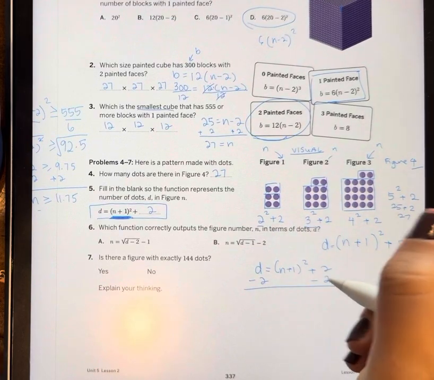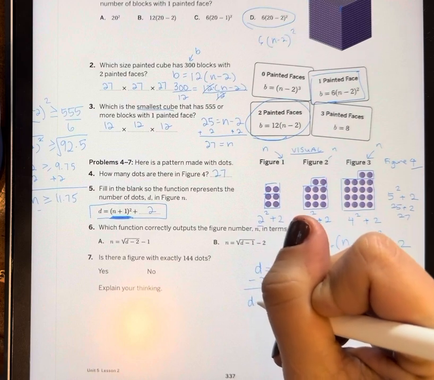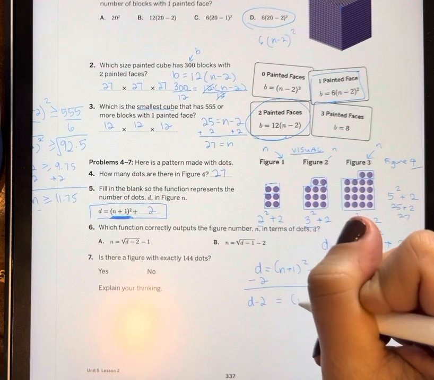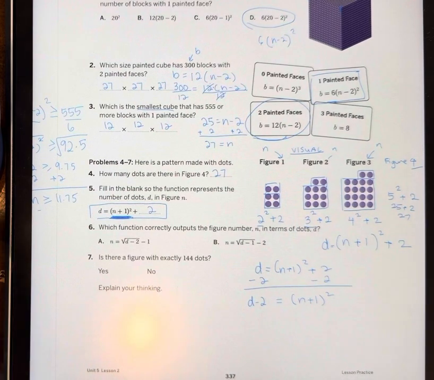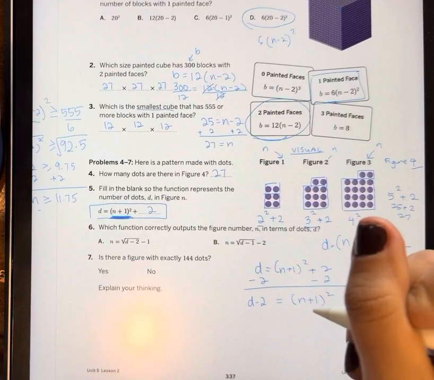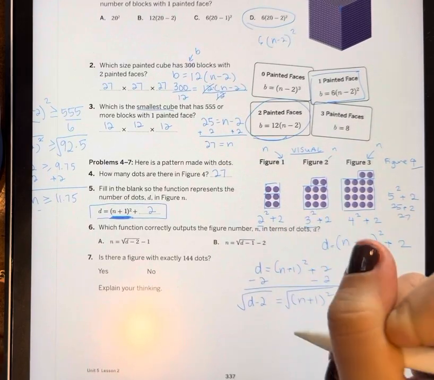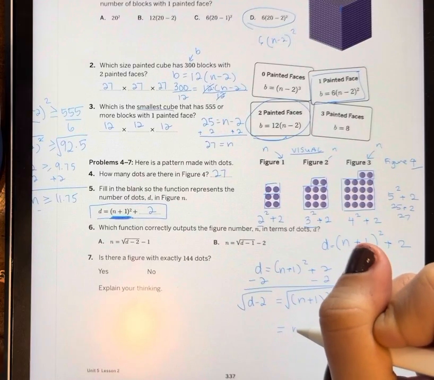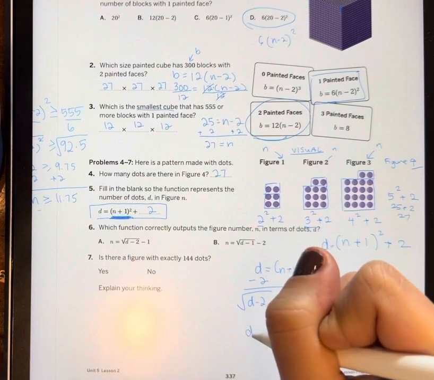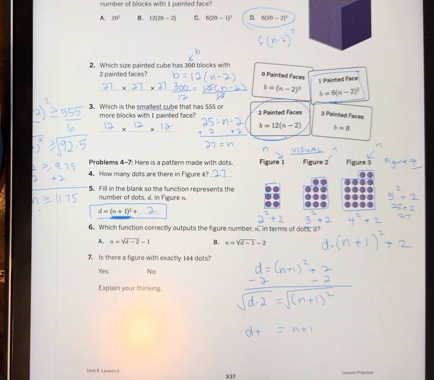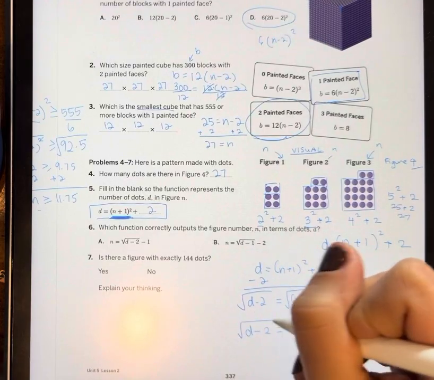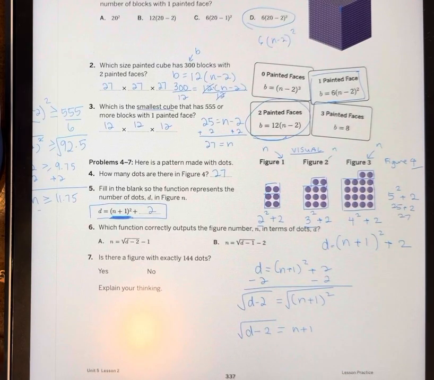So what happens is we first have to subtract that 2. So we get d minus 2 equals n plus 1 squared. Then we have to square root both sides to get rid of the square. And again, typically there would be a plus or minus happening. Oh, no. But in this case, because it's blocks and I don't want negative blocks, I'm not going to do plus or minus.